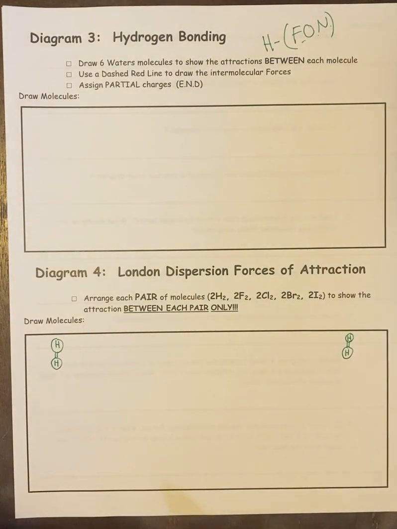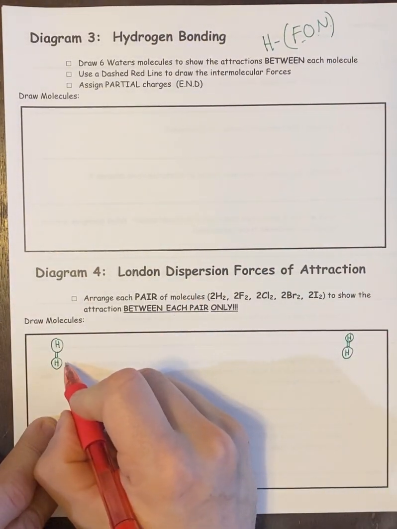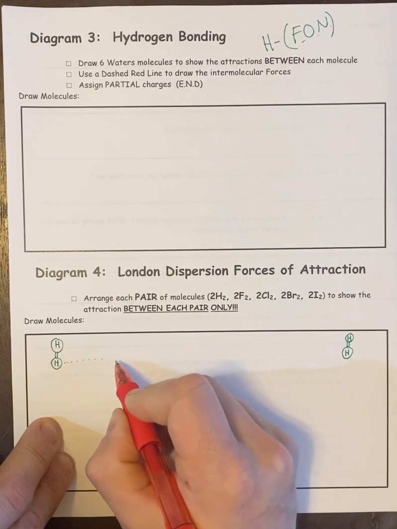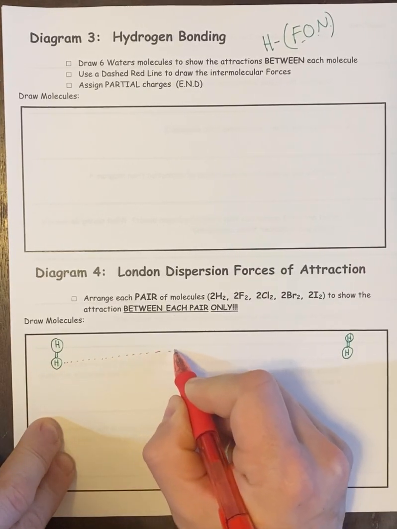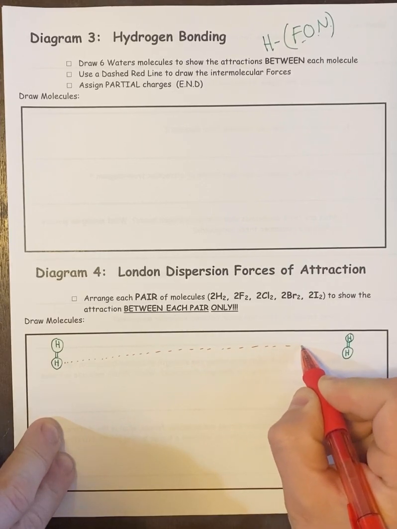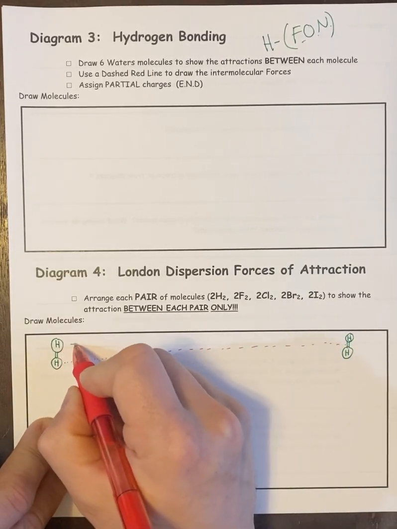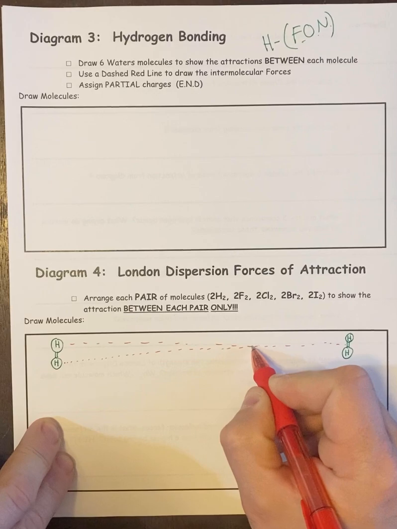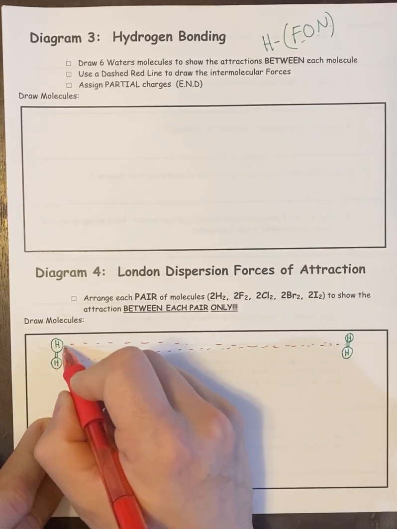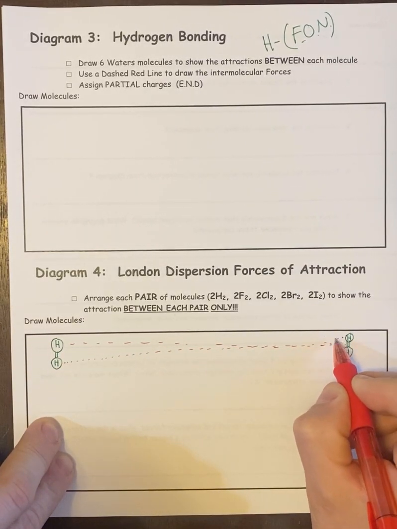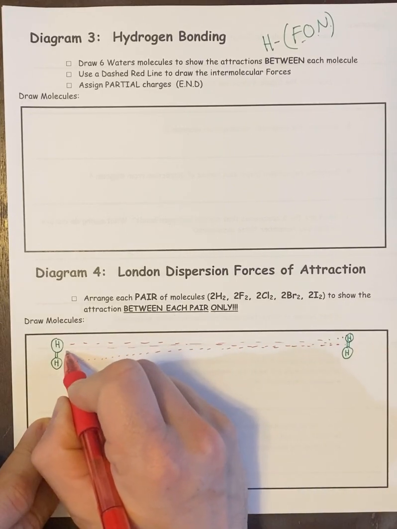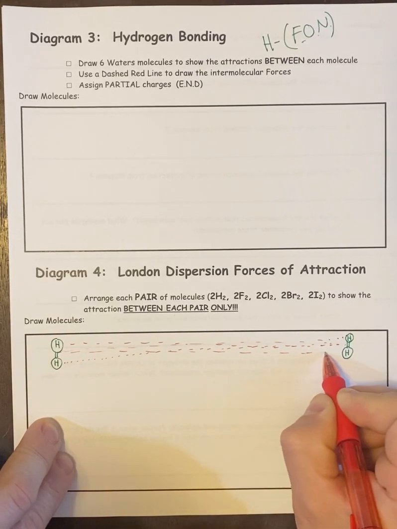And then I would just show the attraction. And what's going on is the protons of one, obviously I made this really far apart to overemphasize this, attract to the electrons in the bond of the other.